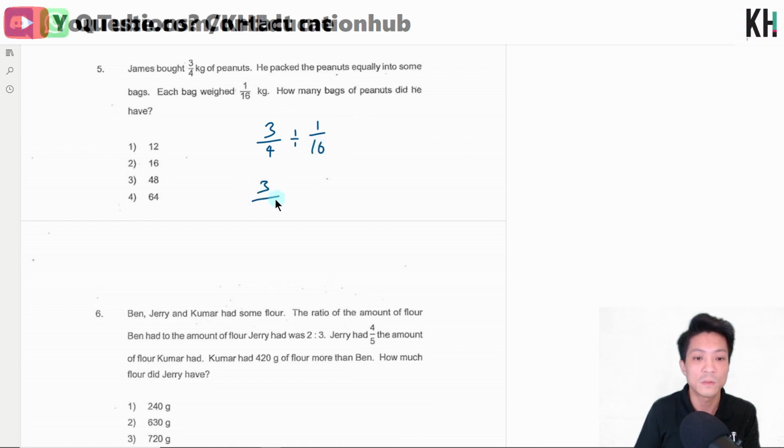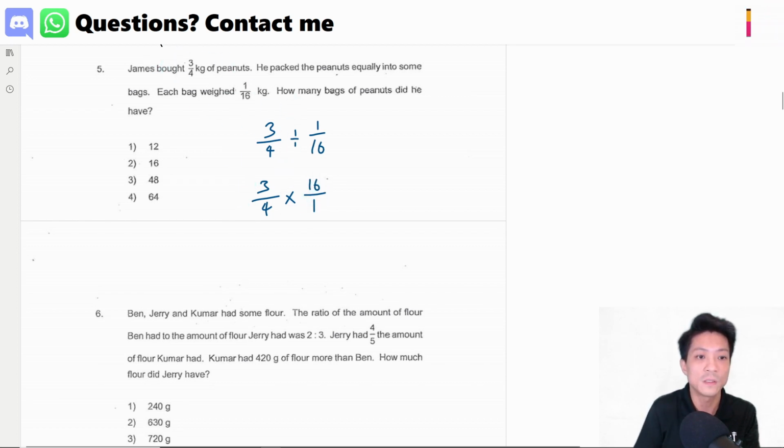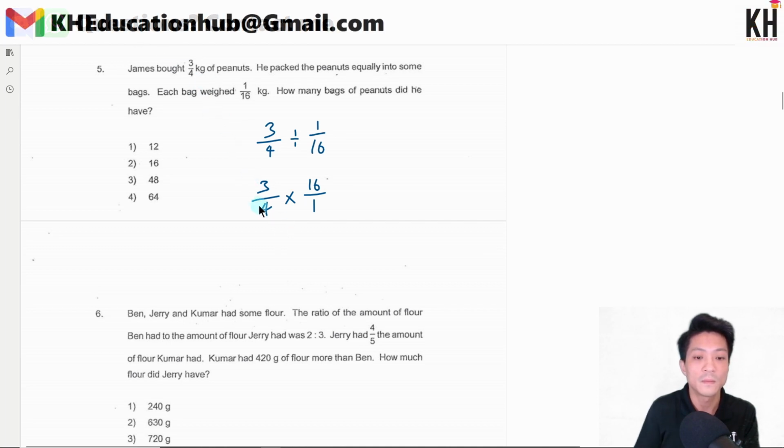This will change into 3/4 times 16/1. Remember to reduce it. Divided by 4, divided by 4, and this will give you 12. Answer is number 1.